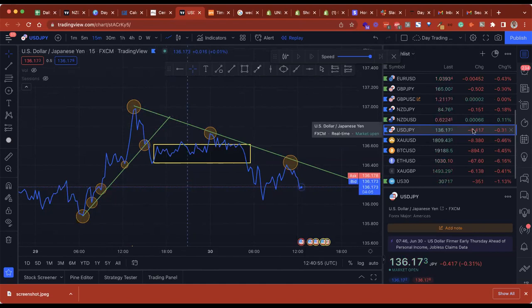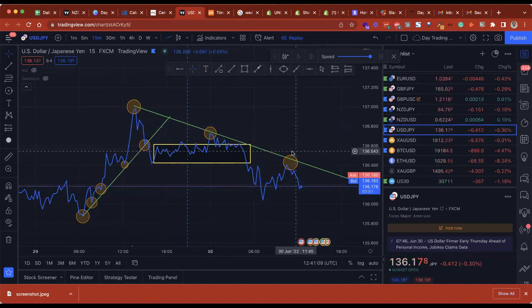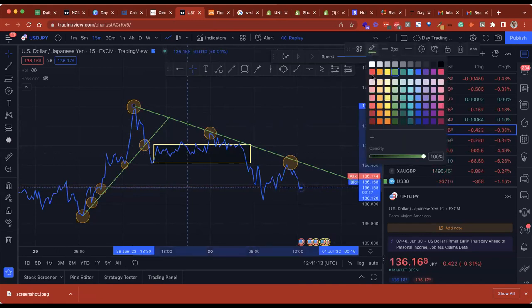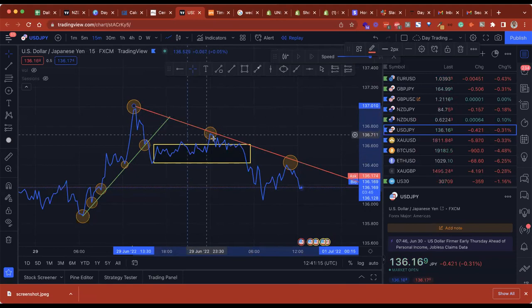All right, UJ is down for the day. All right, so green means that the market is up, red means that the market is down. So I hit on this right here. I want to make this red as well. My downtrend line, I want to be red.